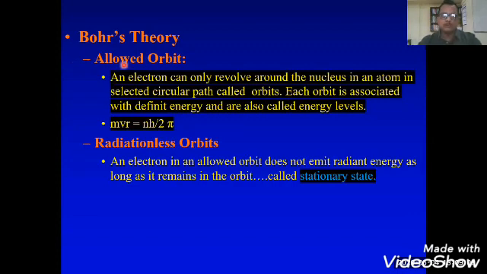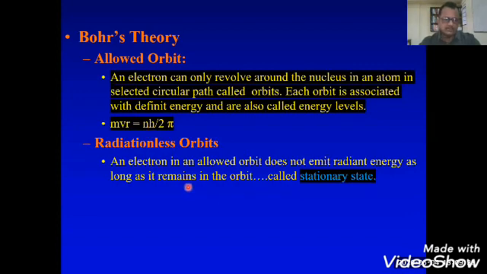So first of all, Bohr postulated that an electron will move around the nucleus only in selected circular paths called orbits, and these orbits have a definite amount of energy. And for an orbit, mvr is equal to nh by 2 pi, m mass of electron, v velocity of electron, r radius of the orbit, n an integer 1, 2, 3, etc., h is Planck's constant.